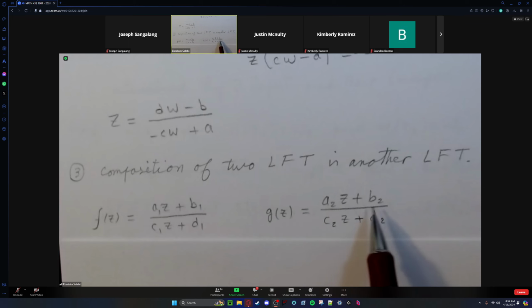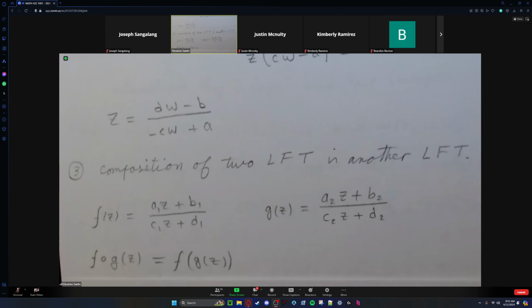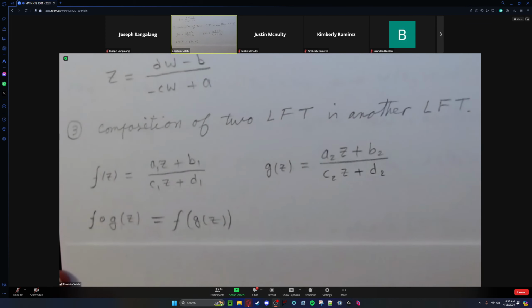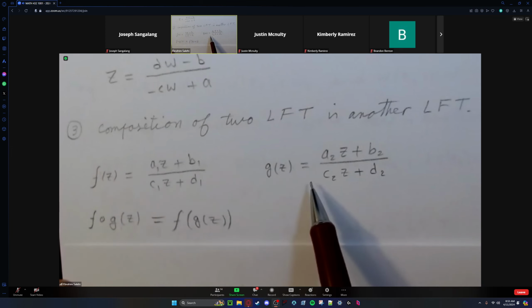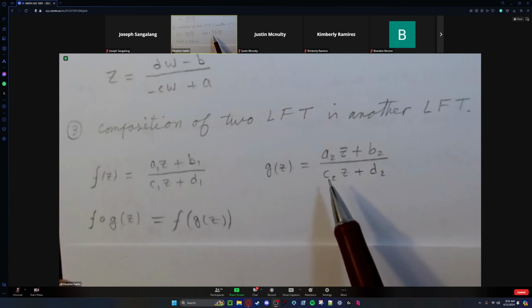That's why I have A2, B2, C2, D2 here. How do we compose these two? Well, here is F of G of Z. So in F, you replace all the Z's by G of Z. That's how we compose 2 functions.